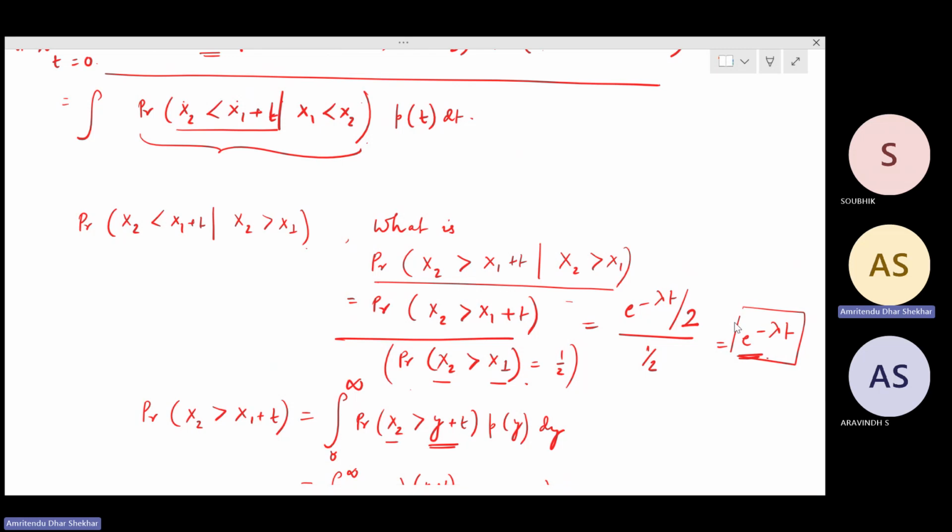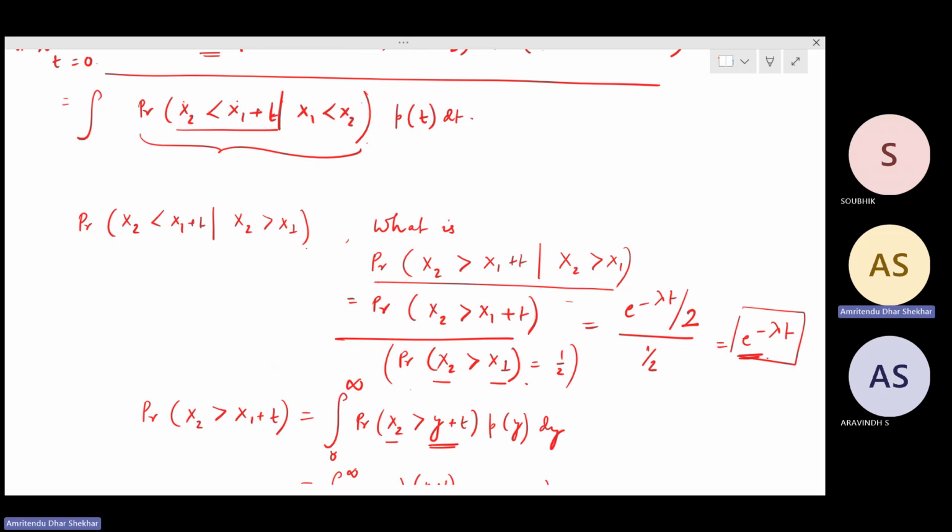Because what is the CDF, the cumulative distribution function of the exponential random variable? It's also equal to e to the power minus lambda t, right? So essentially, what this means is that this random variable is also an exponentially distributed random variable, right?